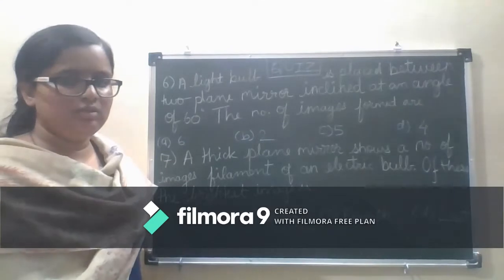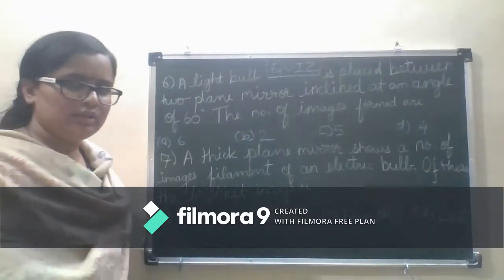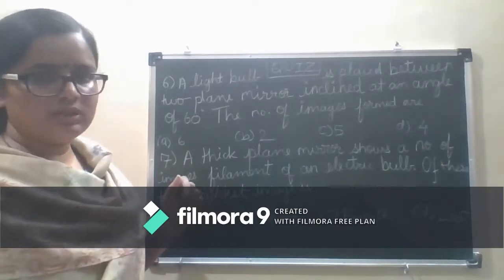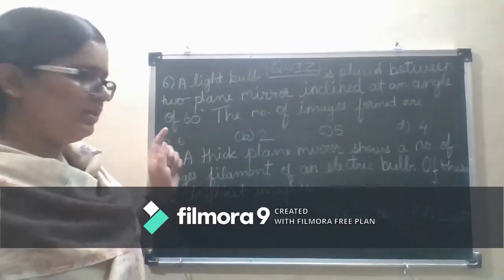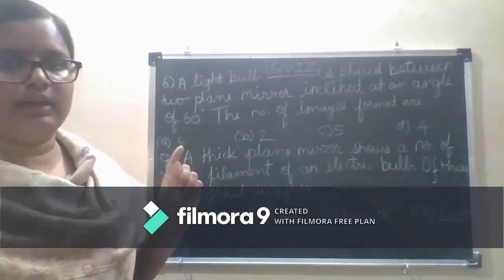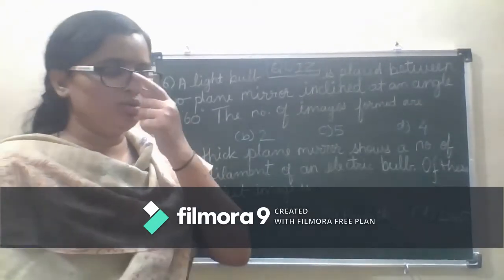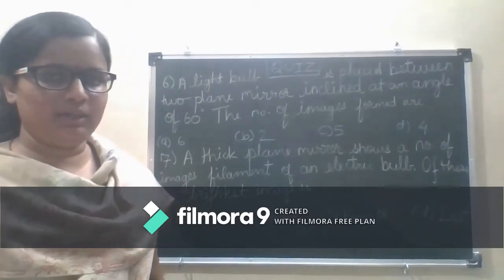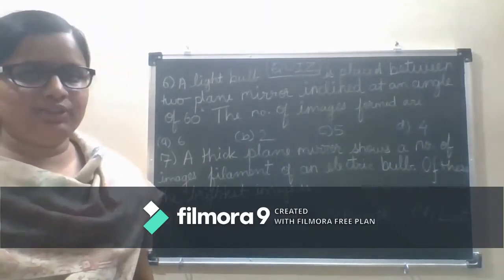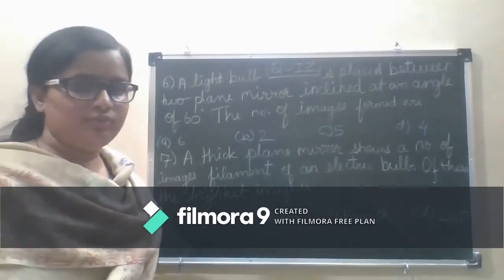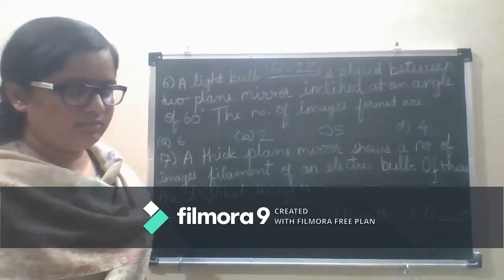Now we will see another example. A plane light bulb is kept between two inclined planes at an angle of 60 degrees. Then the number of images formed is what?